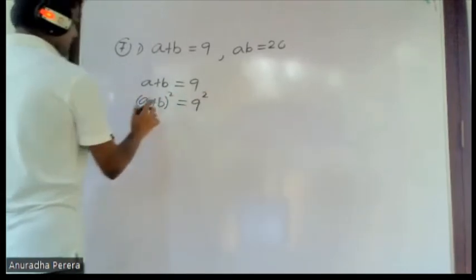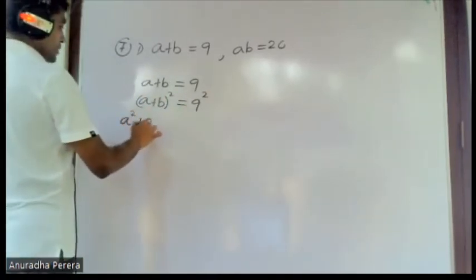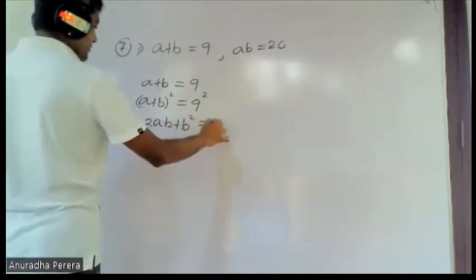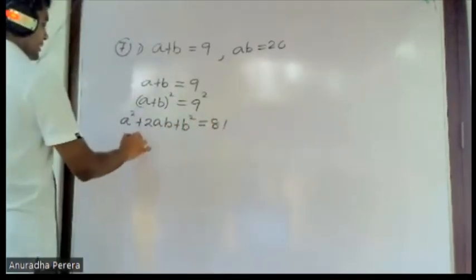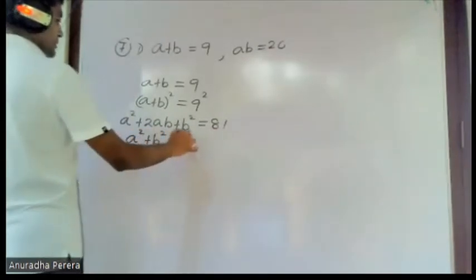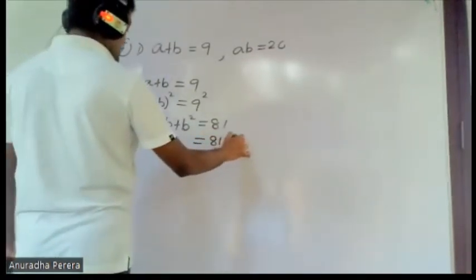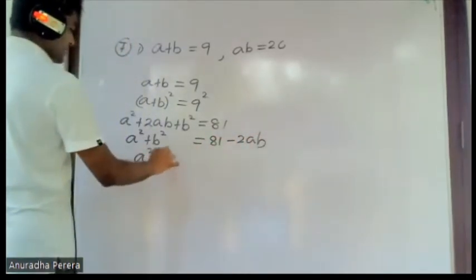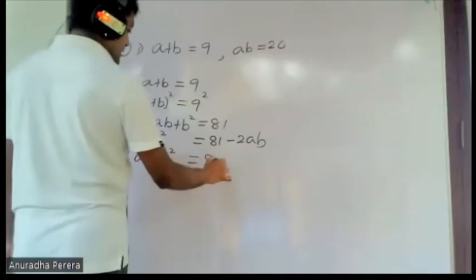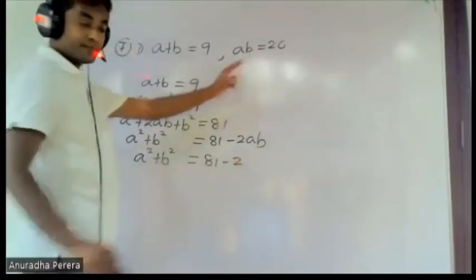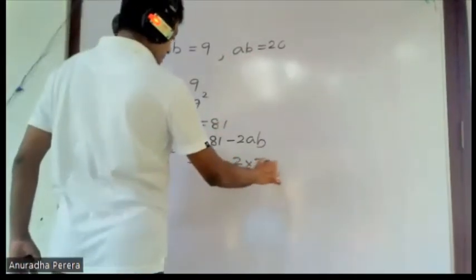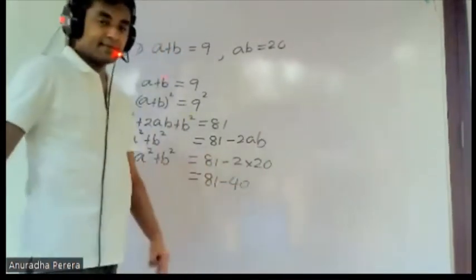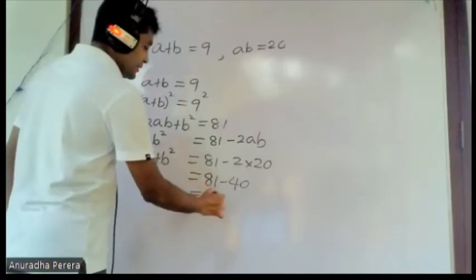Expand this: a squared plus 2ab plus b squared equals 81. Make a squared plus b squared the subject: a squared plus b squared equals 81 minus 2ab. ab is given as 20. 81 minus 40. The answer is 41.